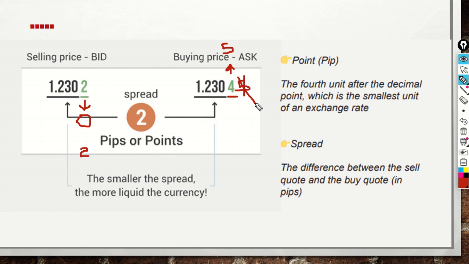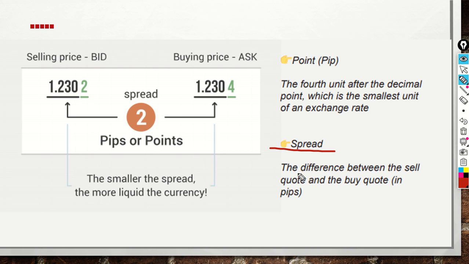So we have the difference between the buying and selling price. It's called spread. To define spread, we'll say that spread is the difference between the sell quote and the buy quote in pips.